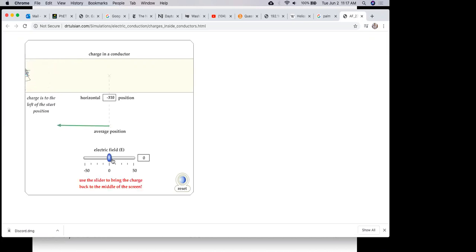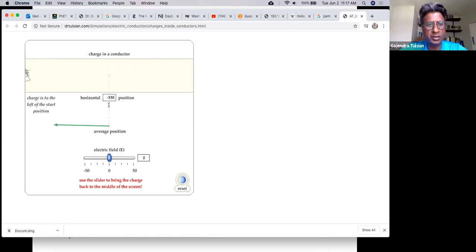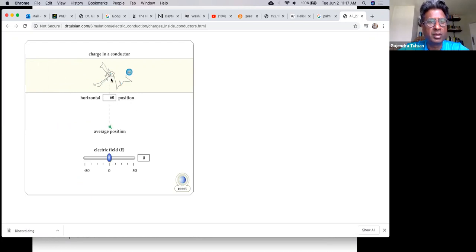You can have, if you connect a voltage source, that can establish an electric field in a conductor. So when the electric field is 0, each time you see a sharp corner, that's when the electron has collided with the ion, the atomic ion. And so here's an electron moving about freely in a metal wire, okay? And you see it won't go anywhere.